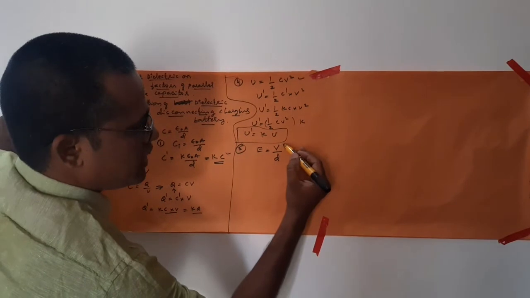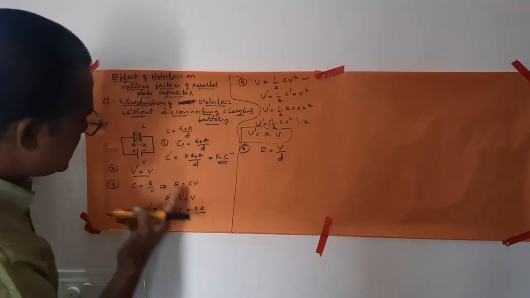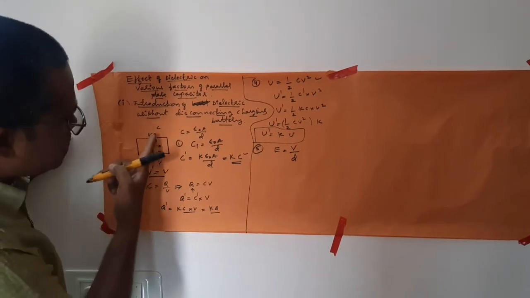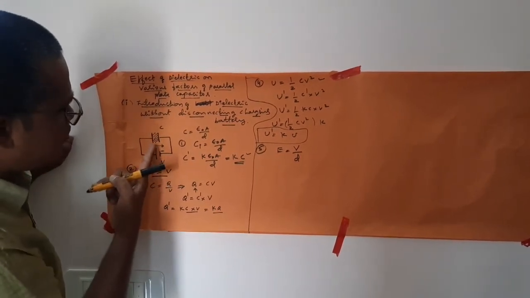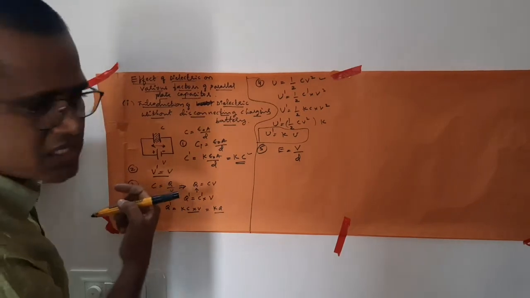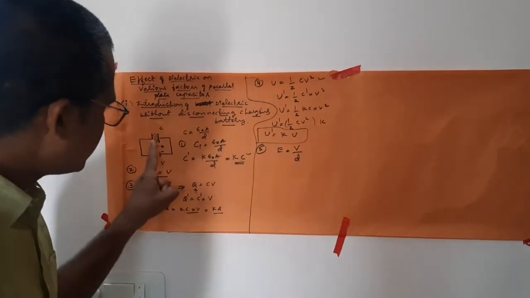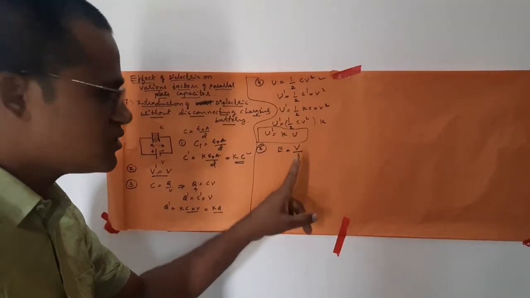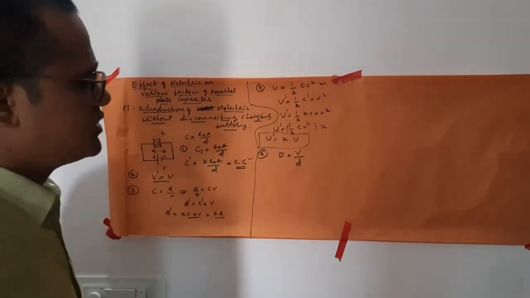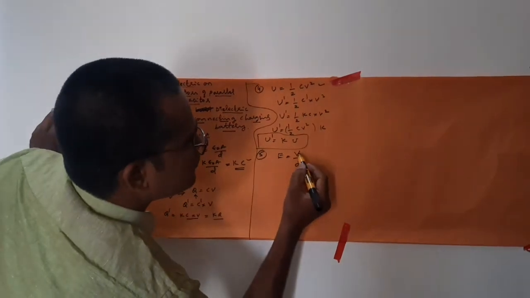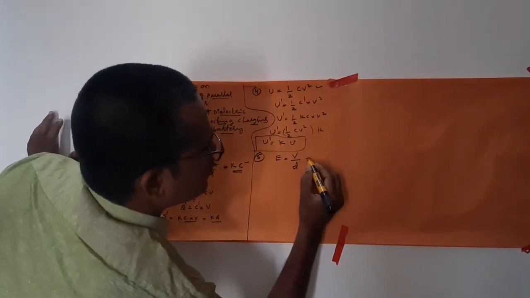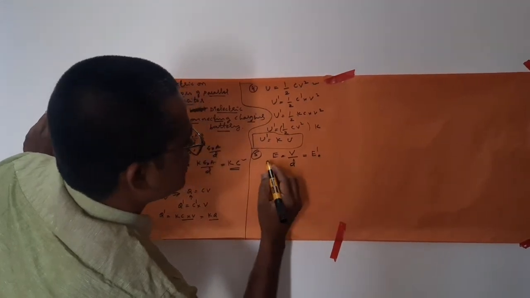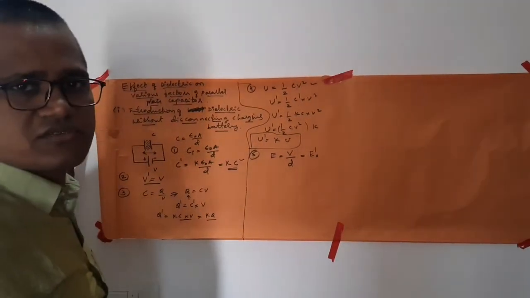V doesn't change because the battery keeps applying the same potential difference, and d, the separation between the plates, is also not changing. So V is not changing, d is not changing, therefore E dash equals E: the electric field does not change.